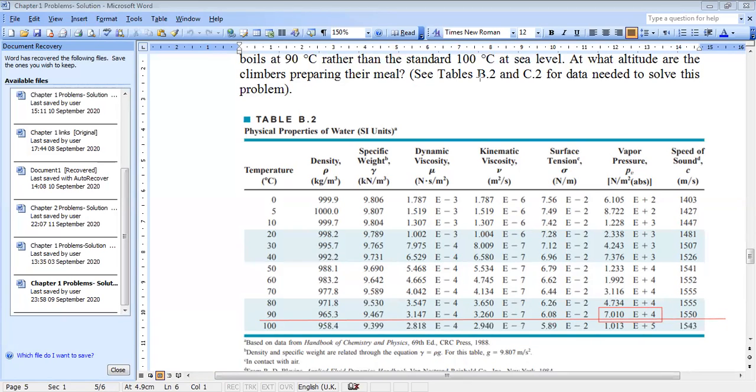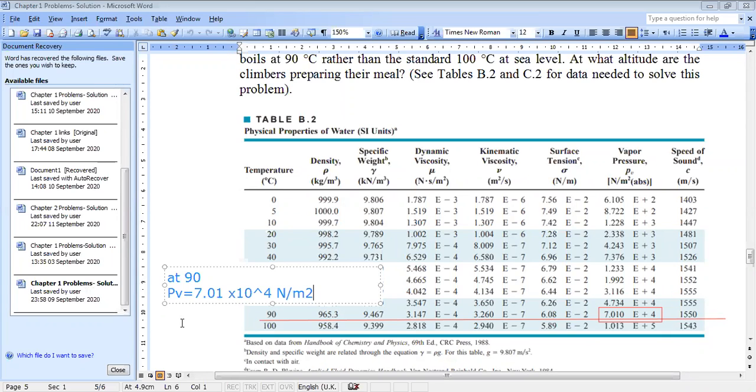So from this table, I can say that at 90 degrees, my vapor pressure is equal to 7.01 times 10 to the power 4 Newton per meter square.